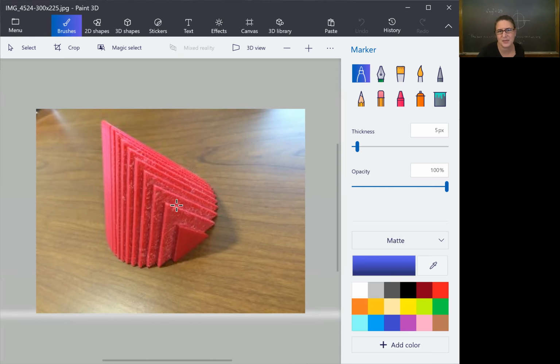This is what that solid would look like with a certain number of triangles, and then you can imagine what it would look like as the number of triangles went off to infinity. So we can use this method to actually compute this volume.